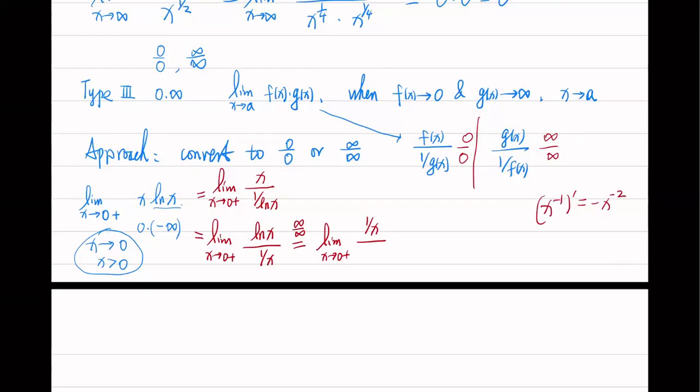We subtract 1 from the exponent. We simplify. Okay, how do we simplify this?